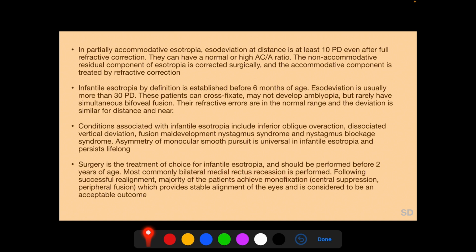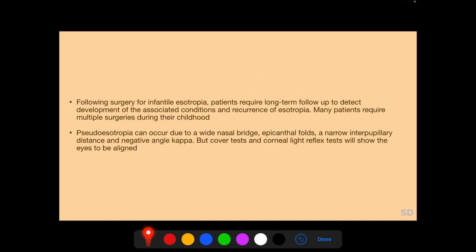Following successful realignment, majority of the patients achieve monofixation, which provides stable alignment of the eyes and is considered to be an acceptable surgical outcome. Following surgery for infantile esotropia, patients require long-term follow-up to detect development of associated conditions and recurrence of esotropia. Many patients require multiple surgeries during their childhood.